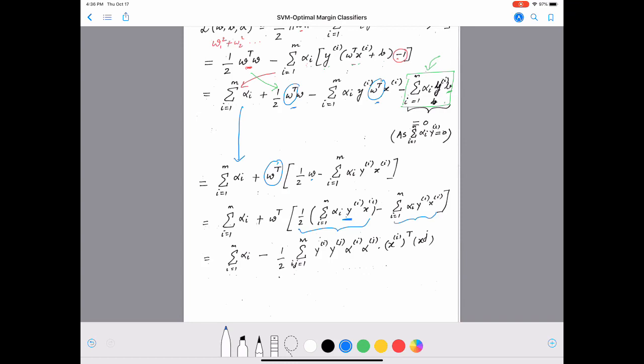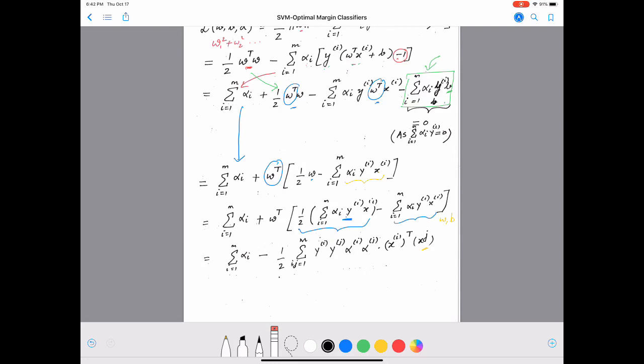Now minus half of alpha i, yi, xi, right? And then the transpose of that. Now all that remains is W transpose.